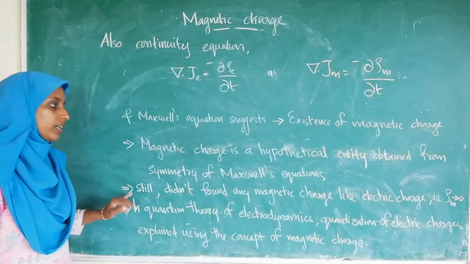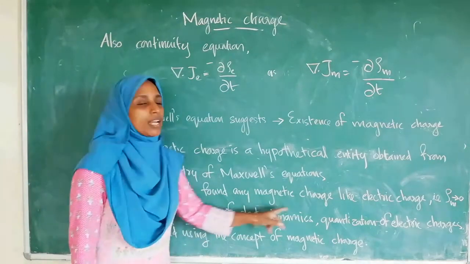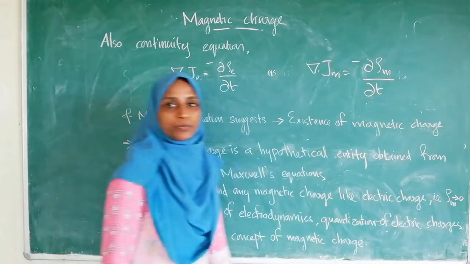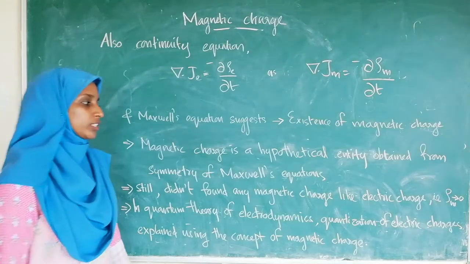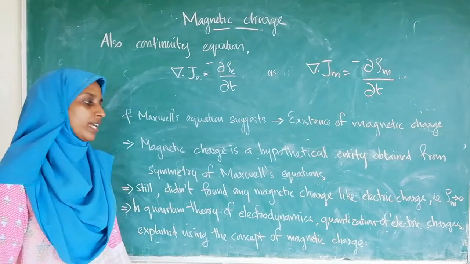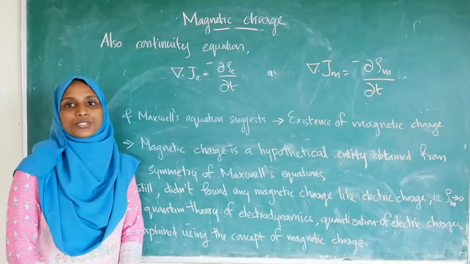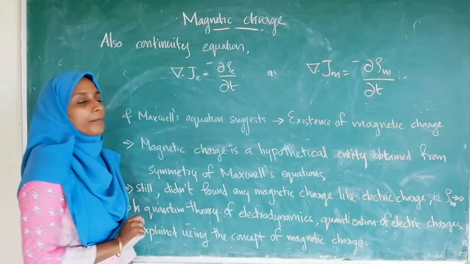Still, none of the scientists found any magnetic charge like electric charge, that is, rho M is 0. In quantum theory of electrodynamics, quantization of electric charge is explained using the concept of magnetic charge. That is the theory behind magnetic charge.